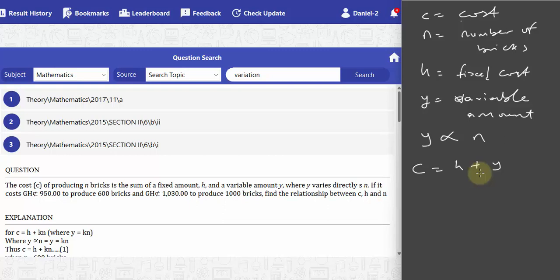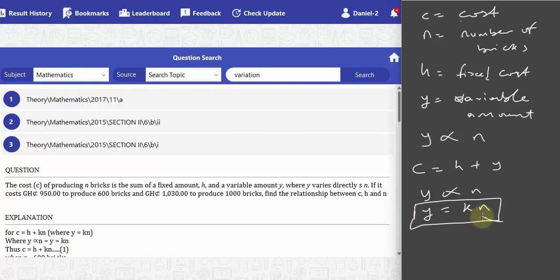So in the case of y, they say y varies as n. This is where we have the sign of proportionality. Y varies as n. So now you need to turn this proportionality into an equality sign, which means y is equal to kn. Now kn implies that k is the constant, and once you multiply by a constant, you remove the sign of proportionality. So this is the relationship between y and n.